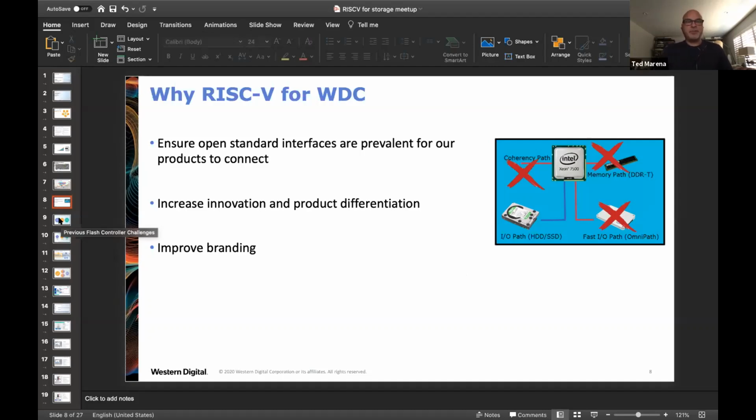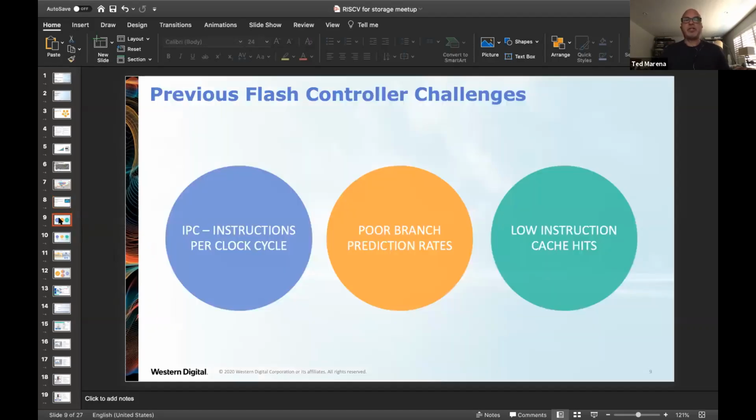Thanks for asking. I want to shift gears now and talk about the challenges for a flash controller as an example. So, the previous architectures we were using, I'm not going to name what they are or who they are, but we struggled with these issues. One is the number of instructions per clock cycle.